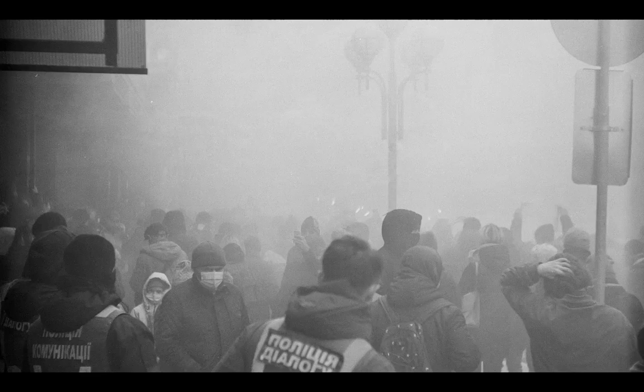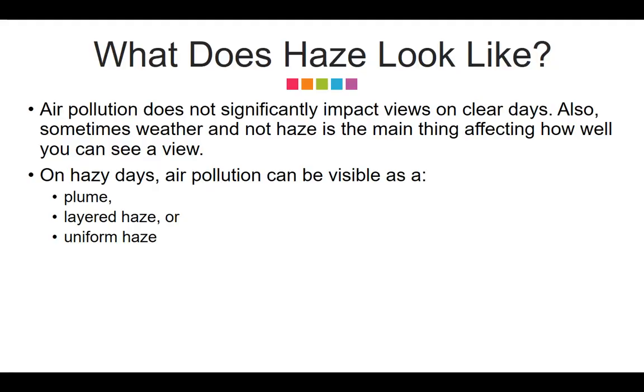So what does it look like? Well, it can come in typically one of three forms. You can have haze in the form of a plume if you've ever looked through a smokestack. You can have layered haze where the temperature kind of traps it below, like a cooler body of air, and so you end up with a little lower layer of it. And then uniform haze, like we saw in that picture before, where it's just everywhere.